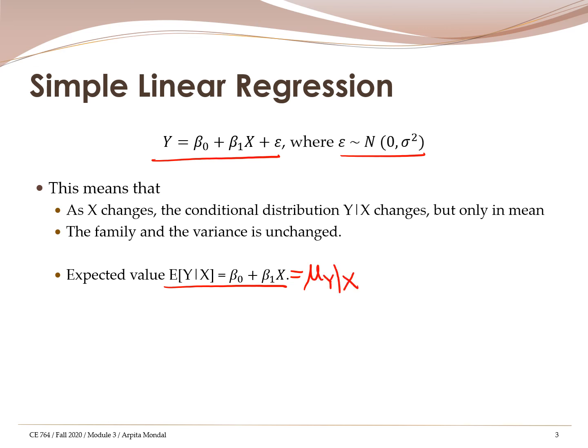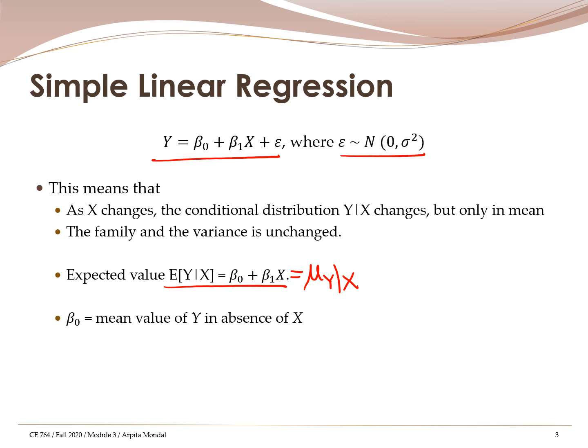Right? Now, therefore, simple linear regression has two parameters, beta naught and beta 1. I want you here to pause for a second and think which of these parameters, beta naught or beta 1, would be physically more important for you. Remember, beta naught represents the intercept term and beta 1 represents the slope term.